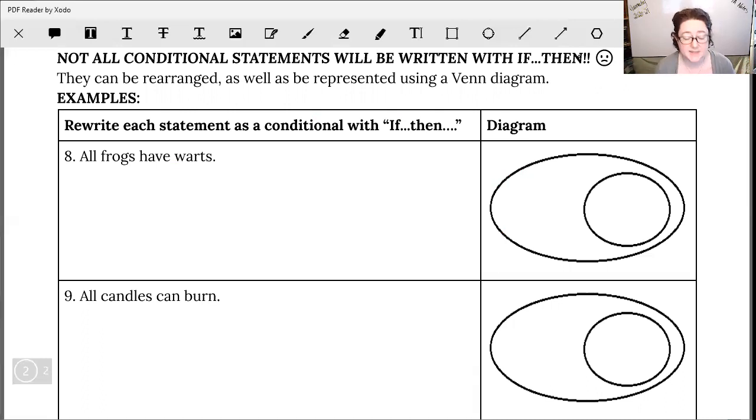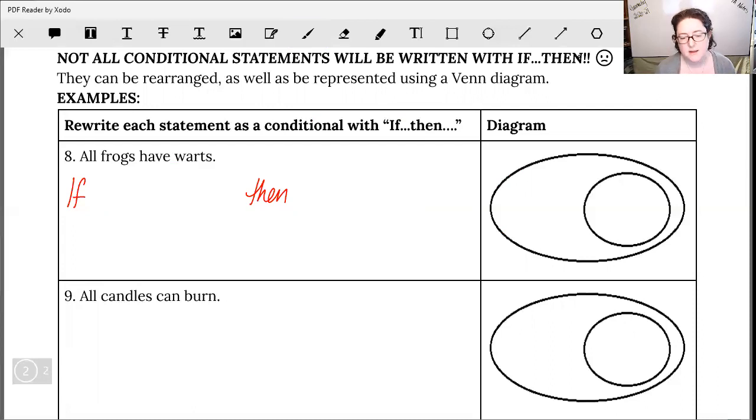So if I take this like that, all frogs have warts, my first idea is something having to do with frog. And I have to play around with my grammar a little bit to make this work, but I know I'm trying to fit this into the if, then format. So I can't just say if frogs then have warts. That doesn't make sense.